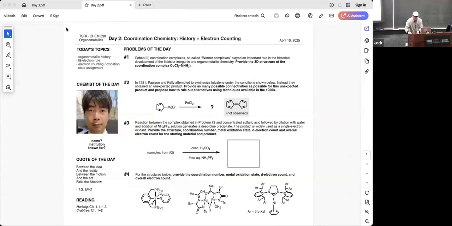Okay, so we've got problems of the day 3 and 4, both back to back here. And this will give me a chance to get a little charge in my Apple Pencil. So I'll read through these.